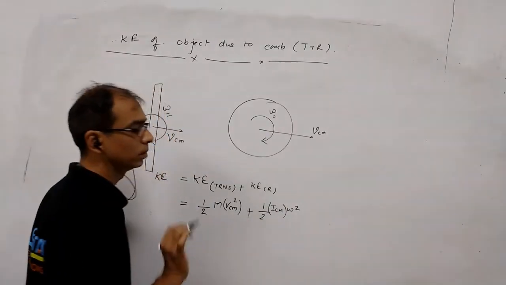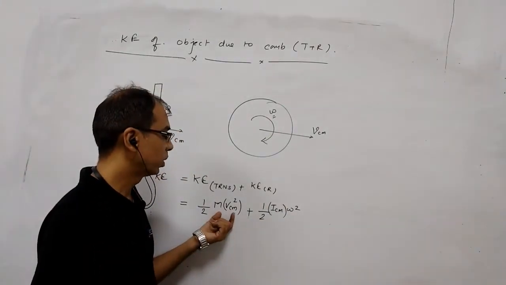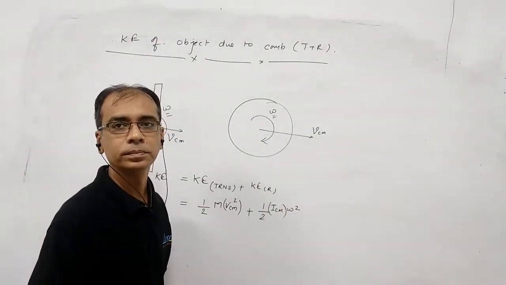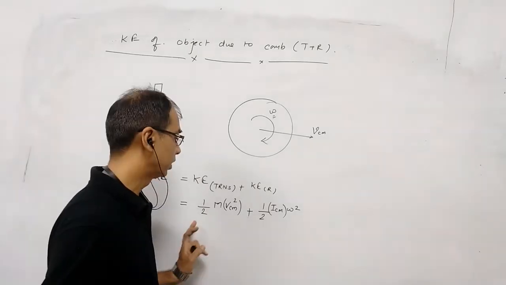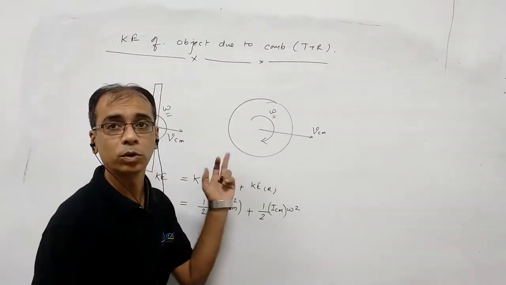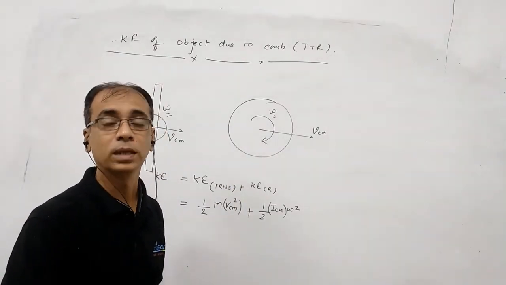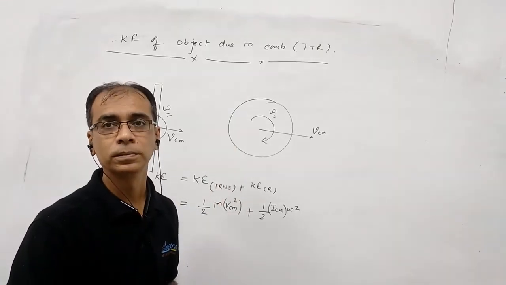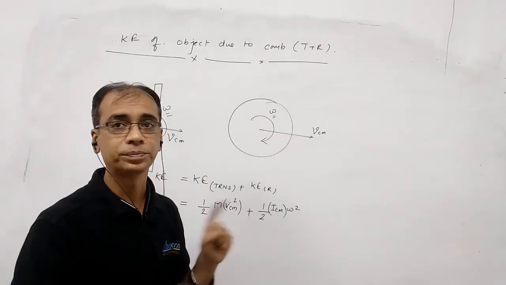Now these are important for us. You have to remember half m VCM square plus half ICM omega square. These are very, very necessary to remember. If we forget it, suppose we are doing a problem in which you are conserving angular momentum about some other axis, and then you write kinetic energy also about that axis.